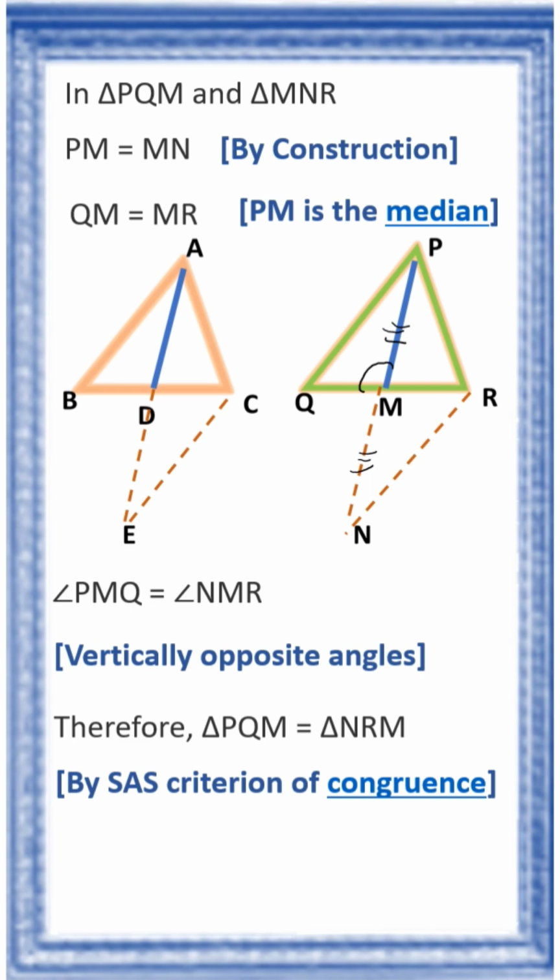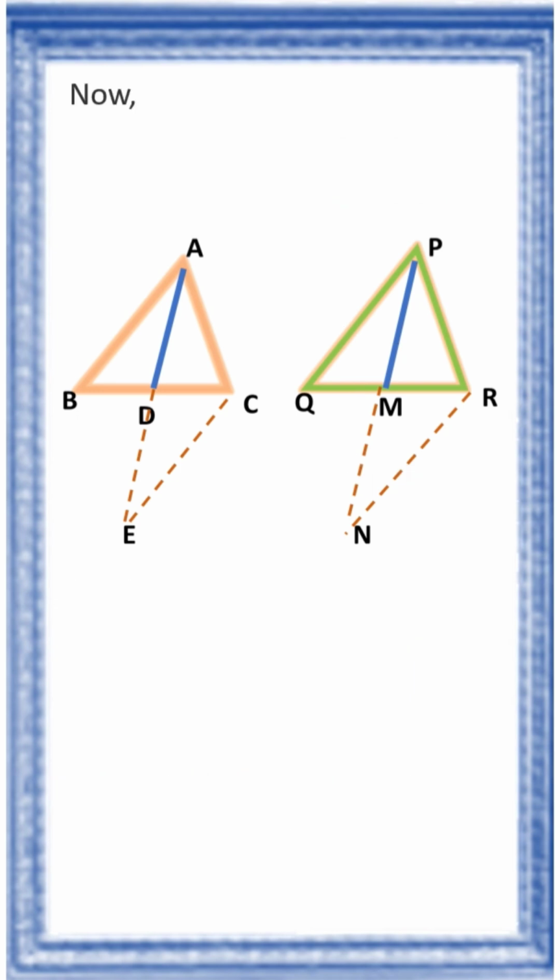It implies that PQ is equal to RN. Why? Corresponding parts of congruent triangles. Let it be equation number 2. Now, we have been given that AB by PQ is equal to AC by PR is equal to AD by PM.